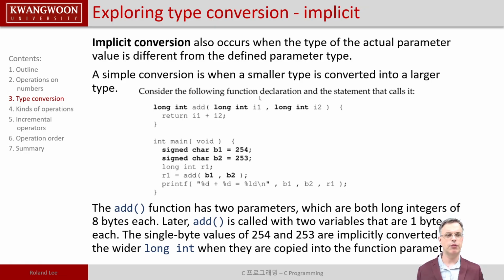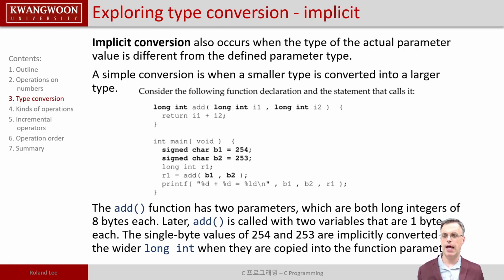Also consider the following here. A function long int add(long int i1, long int i2) returns i1 plus i2, and we assign character values b1 and b2 and call add with b1 and b2 as r1.